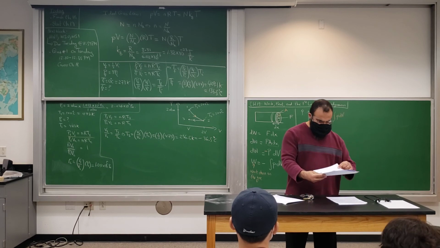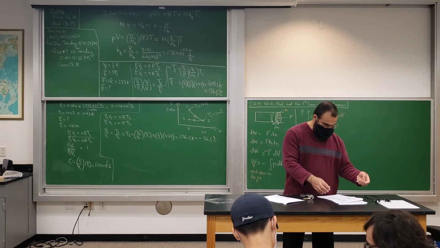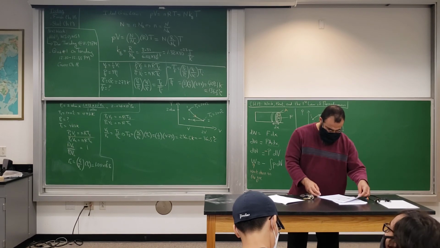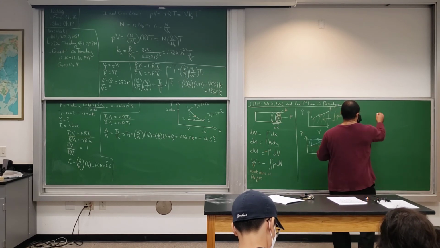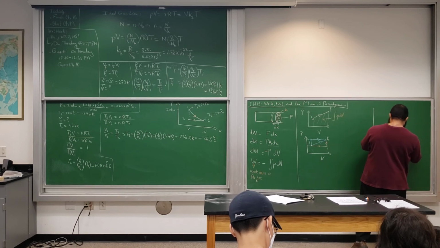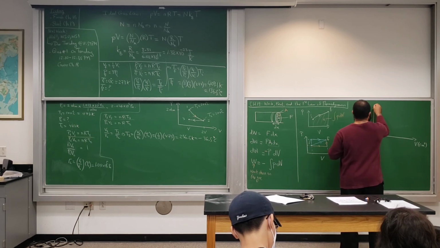So we talked about that. Let's give an example first, and then we will discuss. It's a simple example, but let me try to draw it, where we get some practice calculating. So this is the volume in centimeters cubed, and this is the pressure in kilopascals.